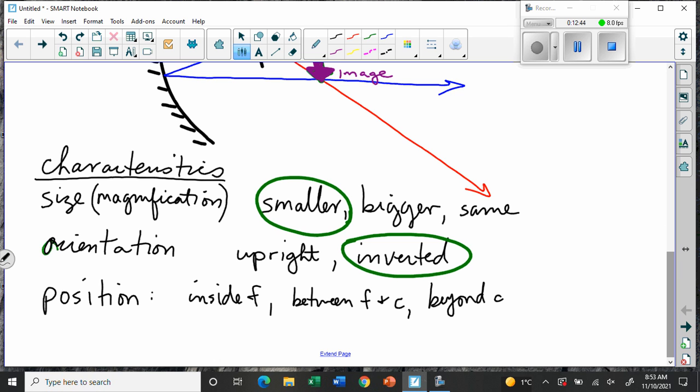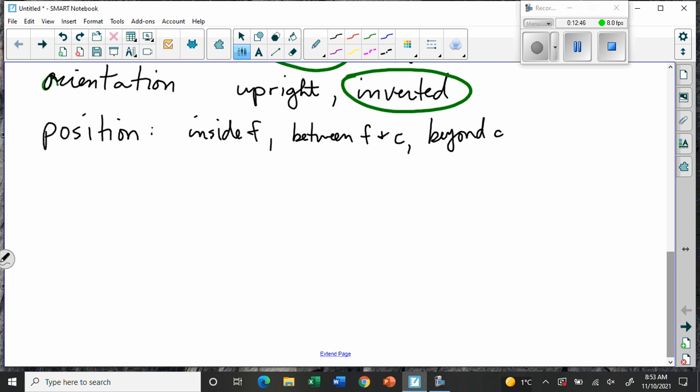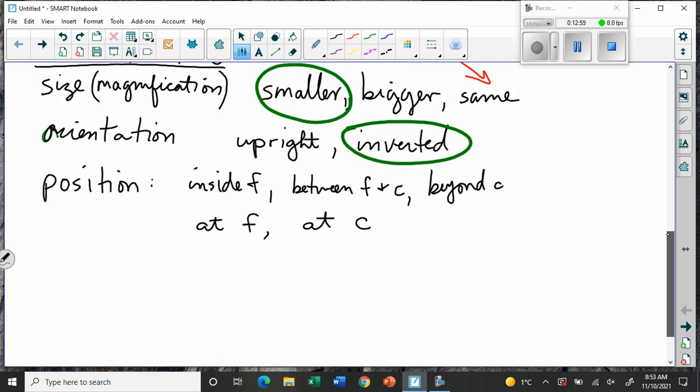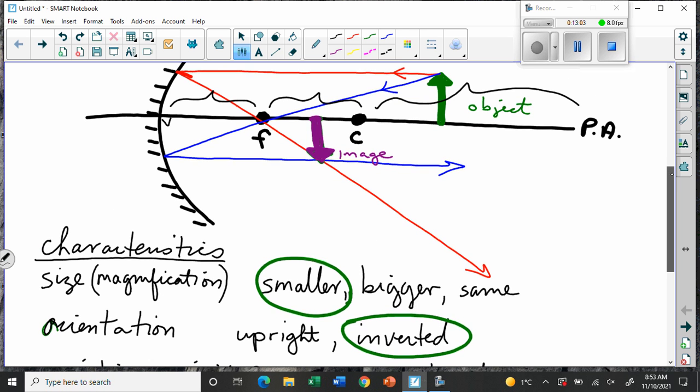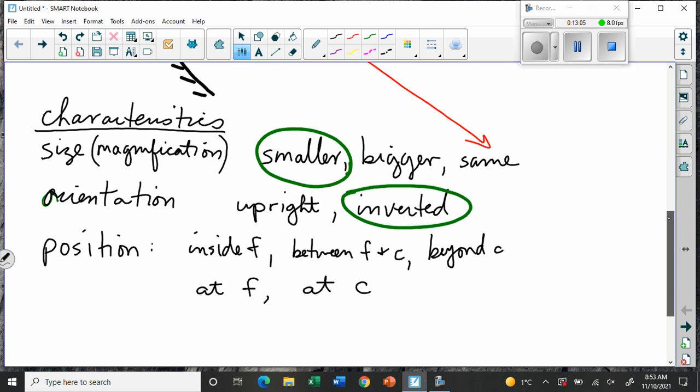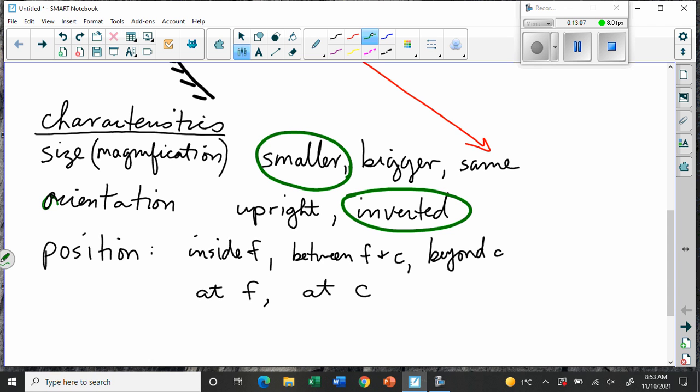The image could occur right on F or right on the C. The image could show up right on those spots. So there's basically 5 different places where the image could be. In this case, we see that it's between F and C. So that's what we would choose. This is the characteristic of our image, between F and C.